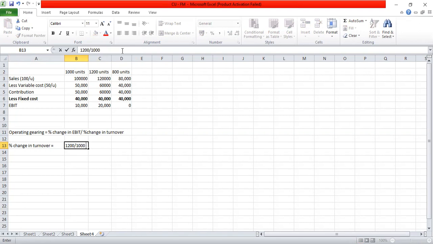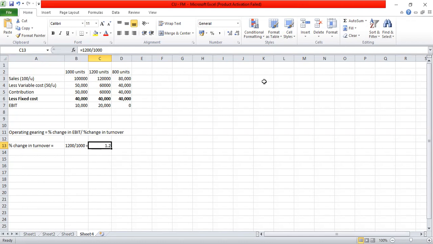You can take the sales value also. This is 1.2 or 20%.